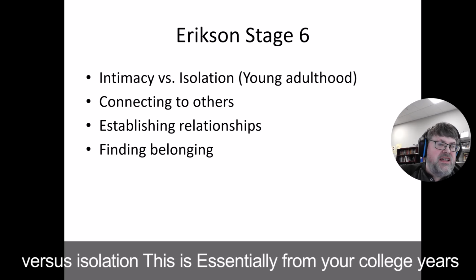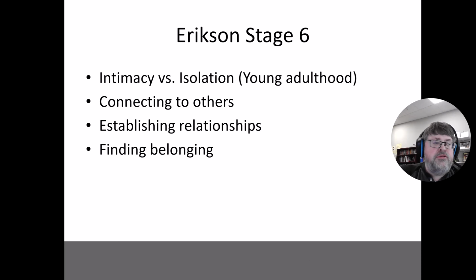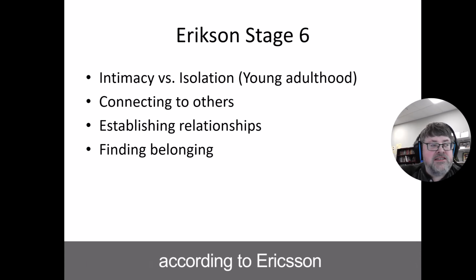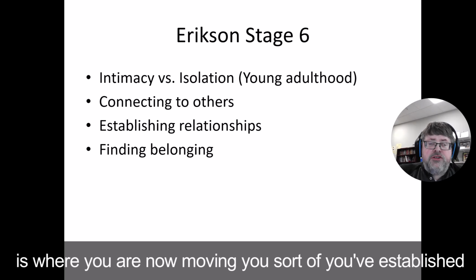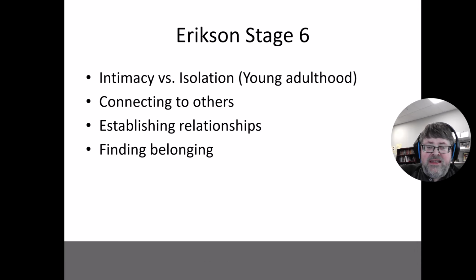This is essentially from your college years, from early 20s through the start of middle age, which is sadly for Carl around age 40, according to Erikson. This is where you have established your identity, but now you are making connections with others.